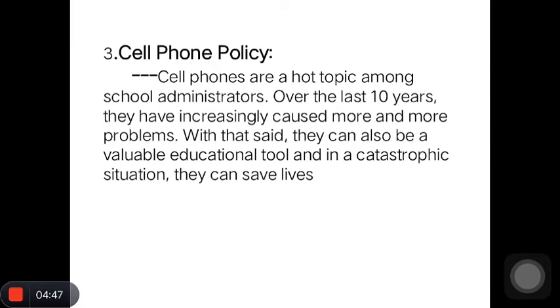In a catastrophic situation, they can save lives. It is essential that schools evaluate their cell phone policy and figure out what will work best for their settings.